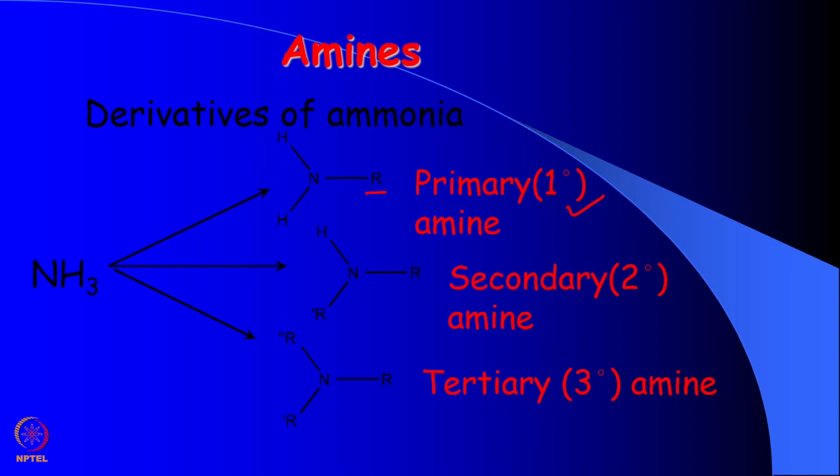You replace 2 hydrogens with 2 alkyl groups, then it becomes a secondary amine, and the third hydrogen, if you replace it with a third alkyl group or aryl group, it becomes a tertiary amine.